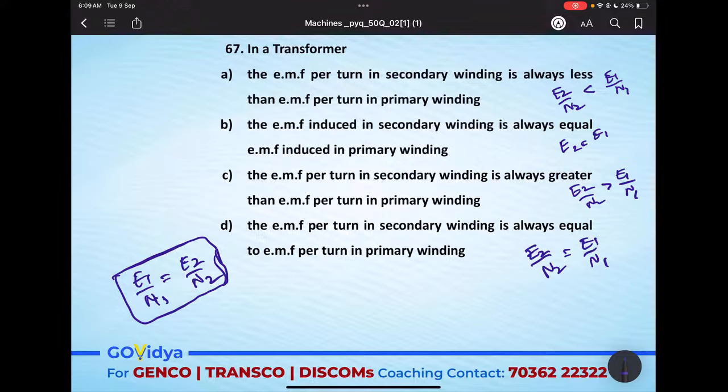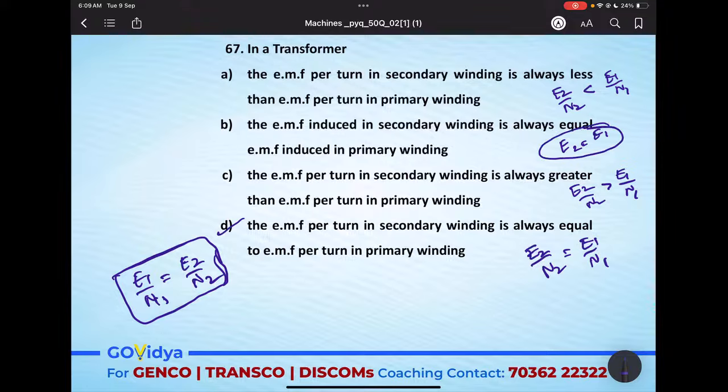If you neglect no load voltage drops and all, then it will come like this. So among the given options, the best suitable option for the given question is D. EMF per turn in primary equal to EMF per turn in secondary, not direct EMF.